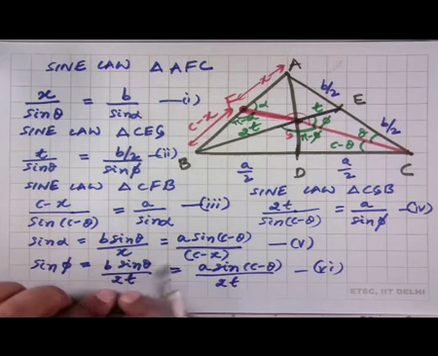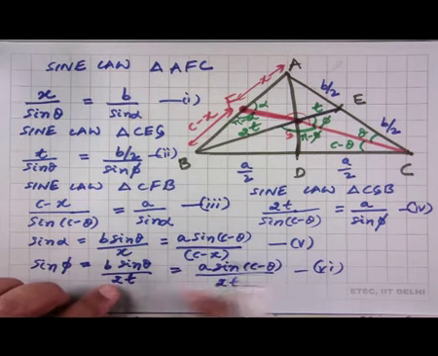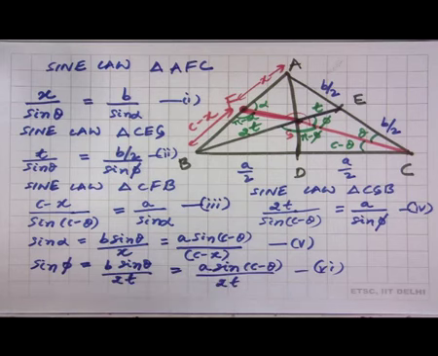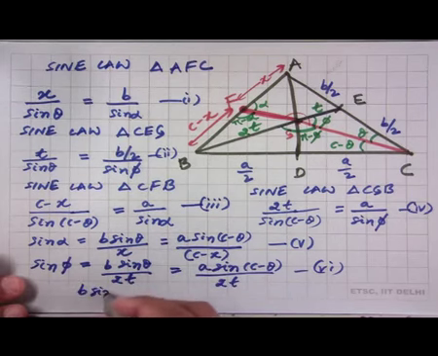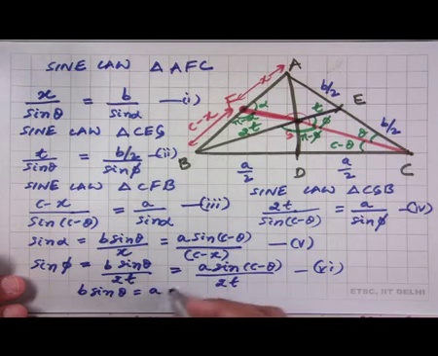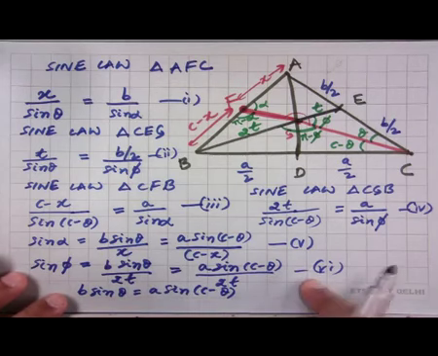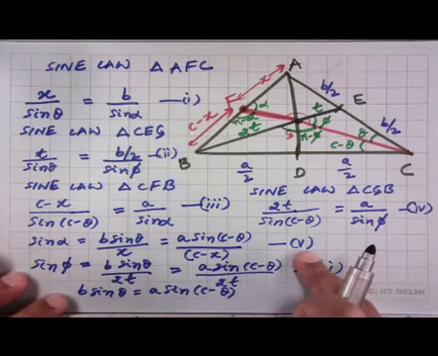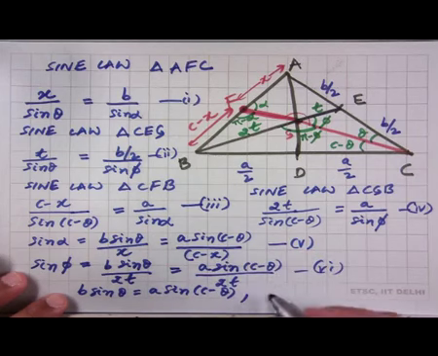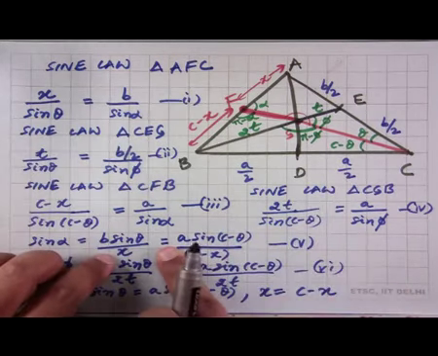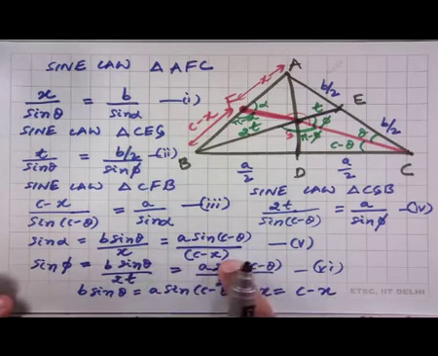Since 2t is common to both the denominators in equation 6, it follows that b sine theta equals a into sine of C minus theta. When we use this result in equation 5, we end up getting that x is equal to C minus x, because these two numerators are equal, and therefore the denominators must also be equal.